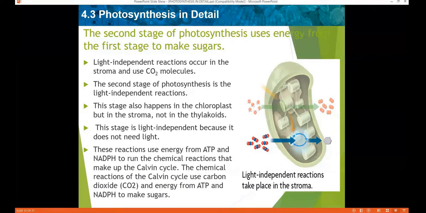Okay, we have information about the scientist Jan Baptista van Helmont. He was the first to try to scientifically address the question of where plants got their food. His experiment, which was conducted in the 1600s, tested the idea that all of the plant's nutrients came from soil.